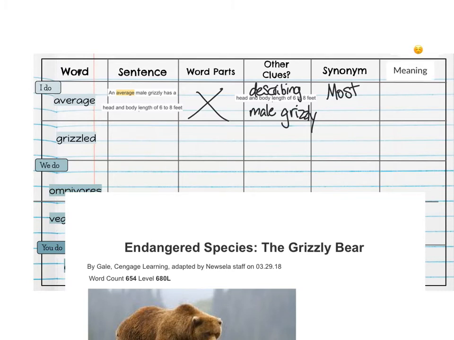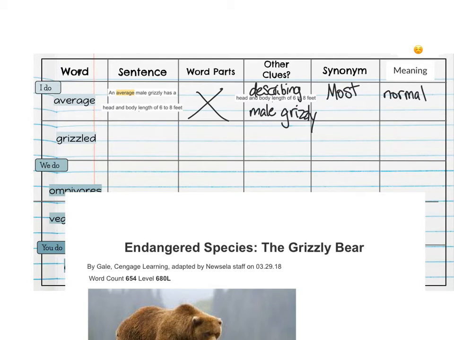Based on the clues, based on the word most that I created, I think a synonym or maybe even the meaning of the word average might be normal. Normal size. Let's plug it in and see if it works. A normal male grizzly has a head and body length of 6 to 8 feet. So I'm thinking it's just saying most normal size male grizzlies are this size.